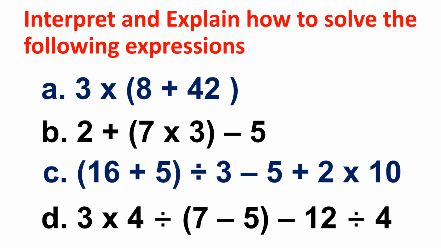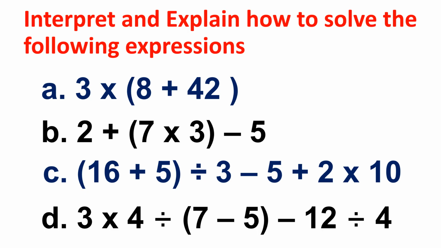Okay, are you now ready to solve the following expressions? The direction says, interpret and explain how to solve the following expressions. Letter A, 3 times the quantity of 8 plus 42. Then letter B, 2 plus the quantity 7 times 3 minus 5.